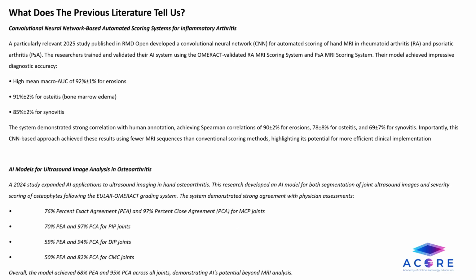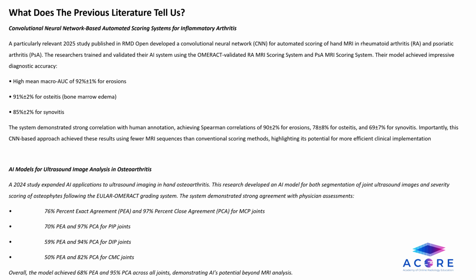There has been previous literature on the use of AI and automation for different types of arthritis. One of those was a 2025 study published in RMD Open, which produced a convolutional neural network for automated scoring of hand rheumatoid arthritis on MRI and also psoriatic arthritis of the hand on MRI.